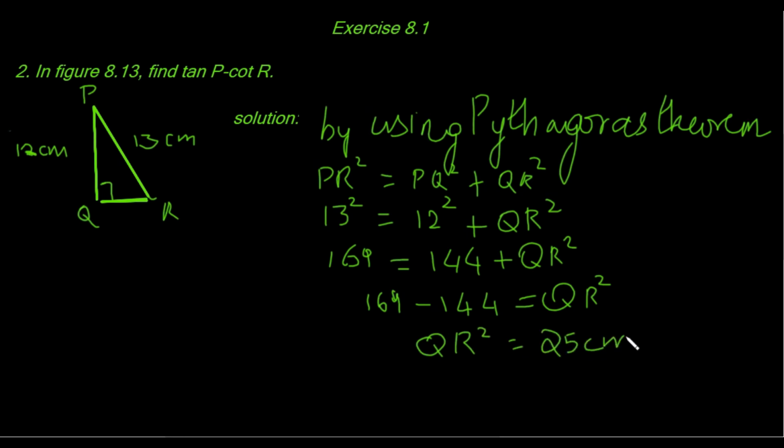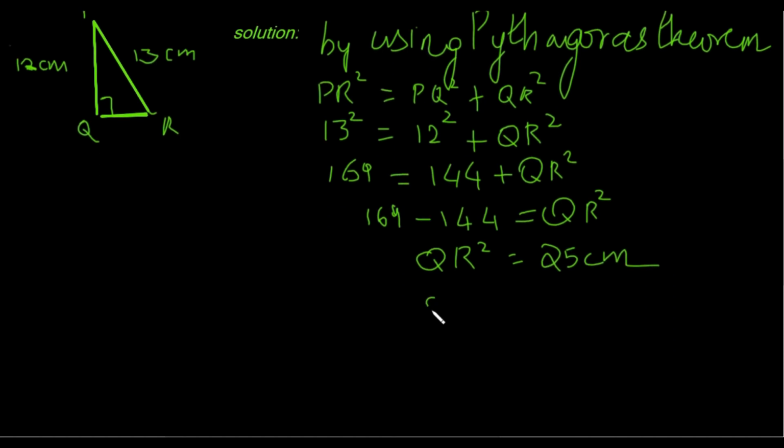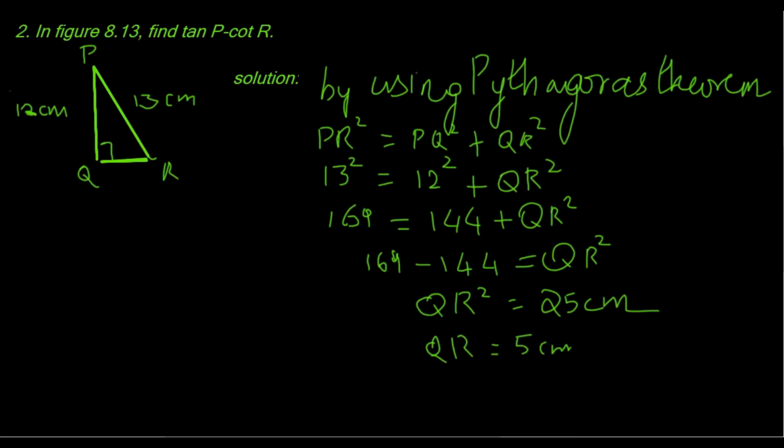Now by transferring the square to the right hand side we are going to get root 25, that is 5. So the answer is going to be 5 centimeters. So now we have to find the value of tan P and cot R. Then we have to subtract the answer of cot R from tan P.